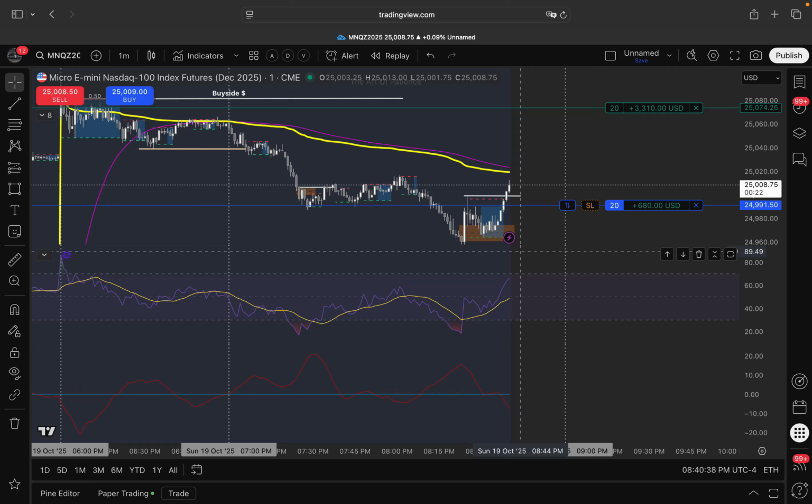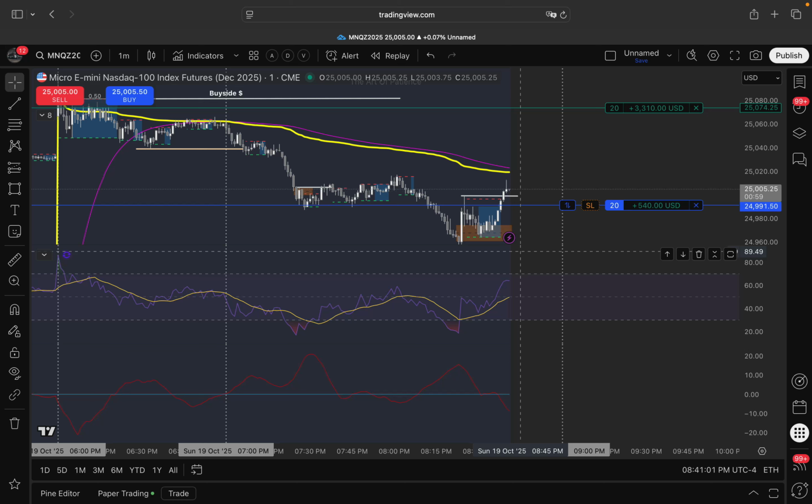Right now on my live account, I have three micro contracts, and I'm sitting around $130 right now. Once it hits the take profit, I'll probably make around $400. So it's a pretty good trade. Just letting it brew. It's like some good coffee in the morning.